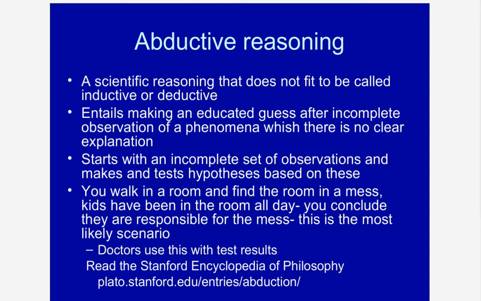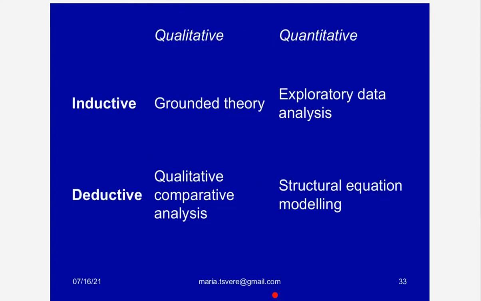That's why we are not interested in it. We start with an incomplete set of observations, and we make tests and hypotheses based on those incomplete observations. But it does exist under logic when you study logic. But for our purposes in research methods, don't worry about abductive reasoning.